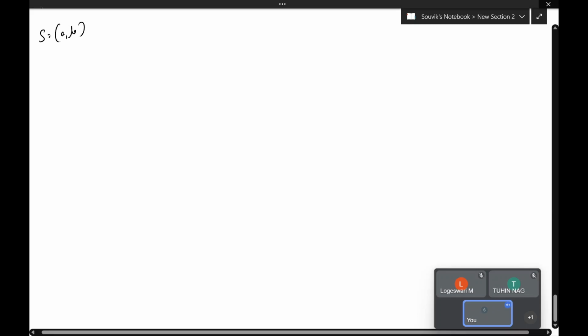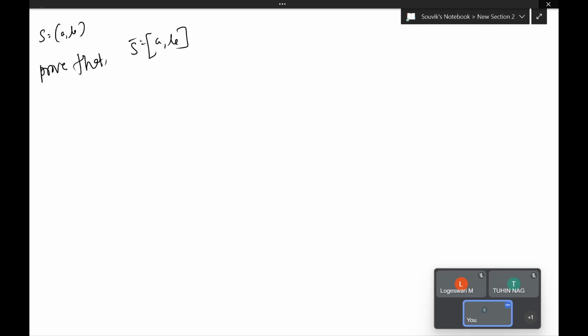How to calculate the closures? Suppose A is equal to the open interval (a, b). Prove that its closure equals the closed interval [a, b]. Well, how to prove it? You can just think about it, or else I will explain.